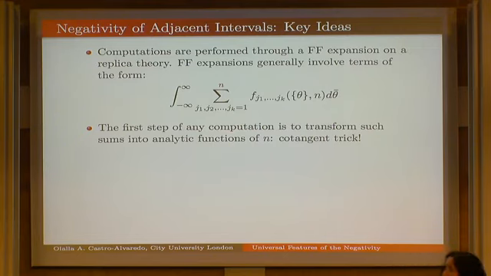Instead of having one of these sums, you can have a contour integral of the same function with a cotangent function which has poles whose residues exactly reproduce this sum. That's the idea. Now the price you pay is that you then have a contour integral of a function of n, so you have something analytic in n, but you have to compute that contour integral.